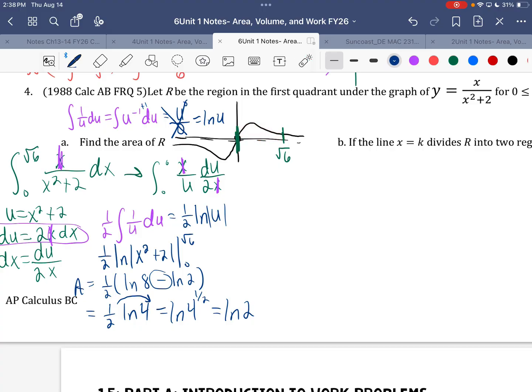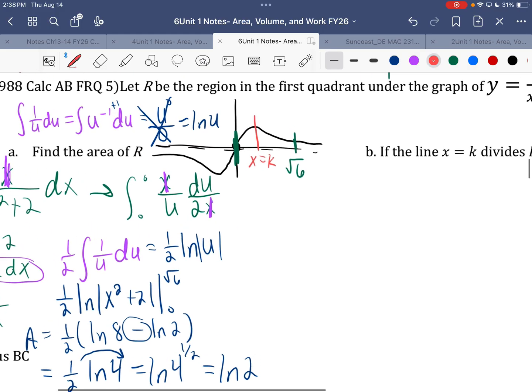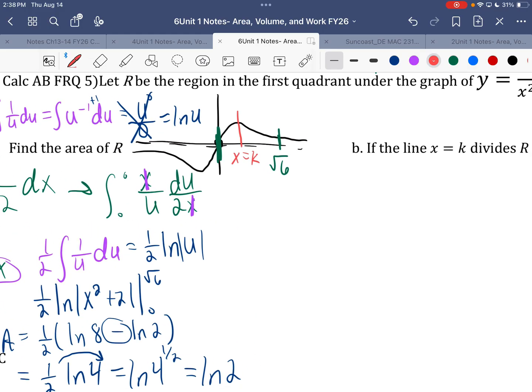Then we're taking some vertical line and cutting this region. We want to figure out where do we cut it so that they are 2 equal parts. So if the whole region is ln 2, what do each of these parts have to be? Half ln 2. Some of you integrated from 0 to k and set it equal to the integral from k to square root of 6 of that region.